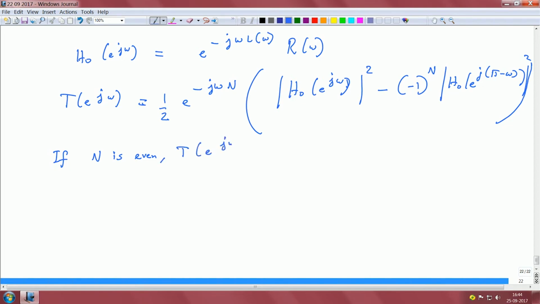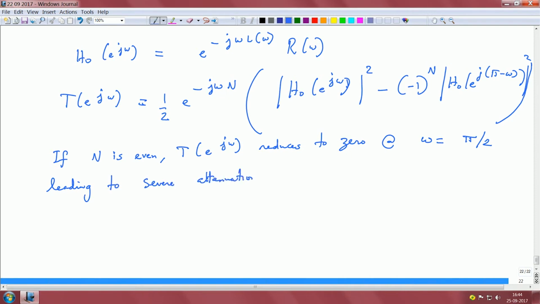T of e^{j omega} reduces to 0 at the frequency omega equals pi by 2, leading to severe attenuation. I will leave the simplification as a homework exercise, that is, how you would arrive at this form of T of e^{j omega}.